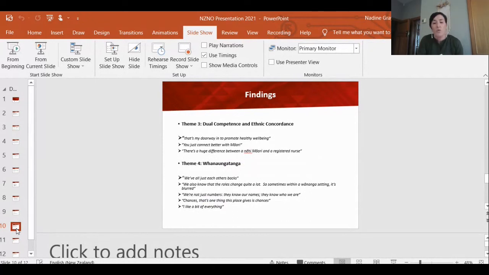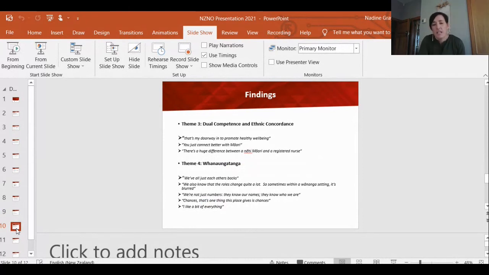Ethnic concordance between the health provider and patient interface is a very strong theme, and it really goes on to support the Māori, for Māori by Māori in service delivery. Many spoke about how, when they are in practicum, it was seen as advantageous. There was a real recognition of them having culturally specialised skills in the clinical environment.